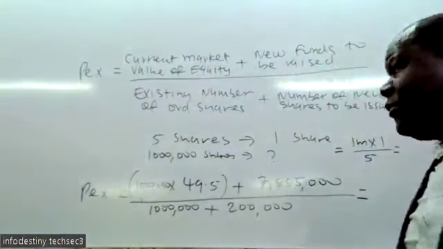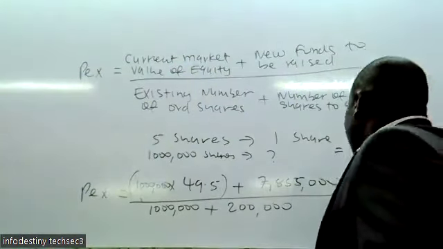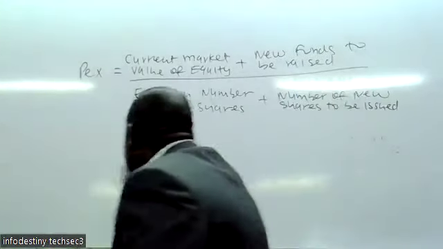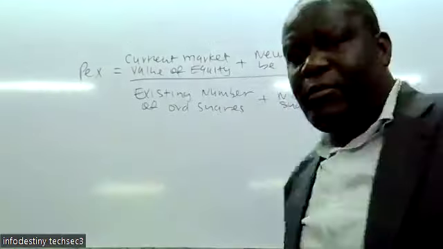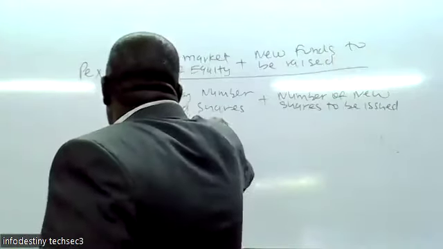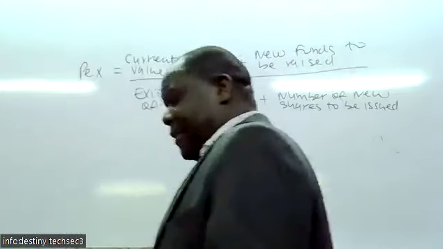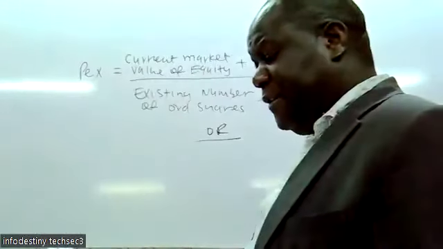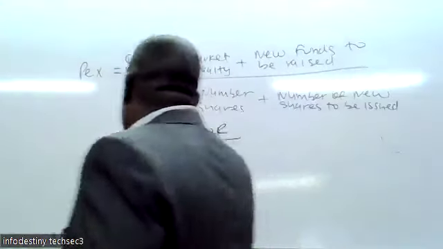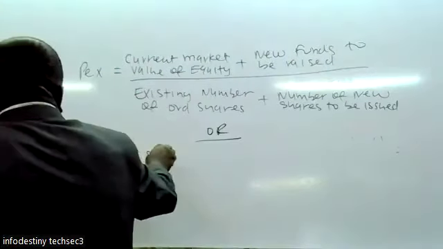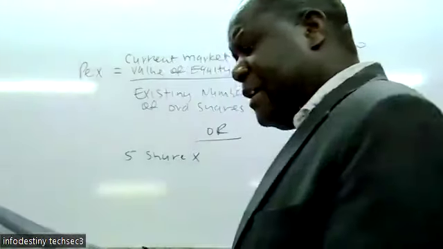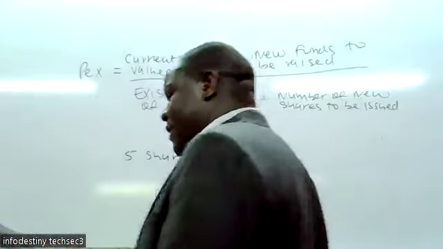I had also shown you a shorter formula for the same, because the question had given you the number of the rights. Alternatively, you do it this way. There were 5 shares, the number of the rights. So 5 shares, you value them at the current market price, which is 49.5.